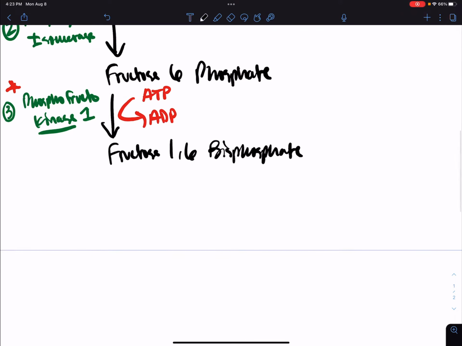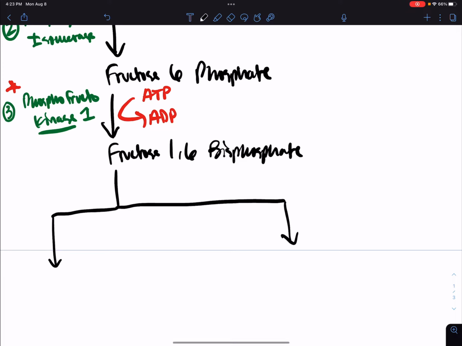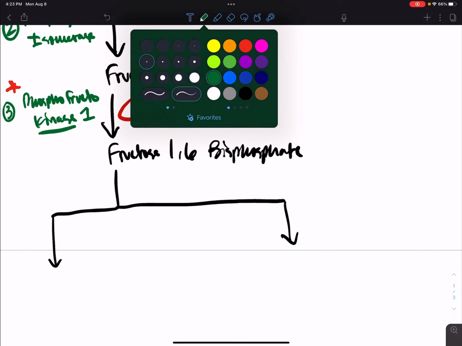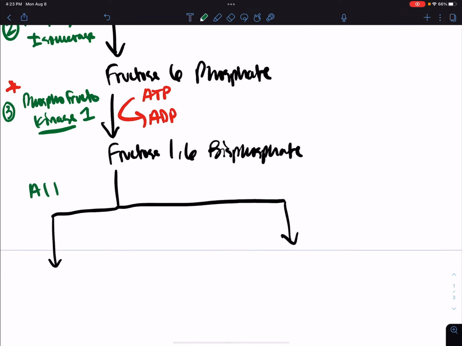From fructose 1,6-bisphosphate, we have a different enzyme. Essentially, it chops this fructose 1,6-bisphosphate in half, so we end up with 2 molecules. The name of that enzyme is aldolase, and that is the 4th step.